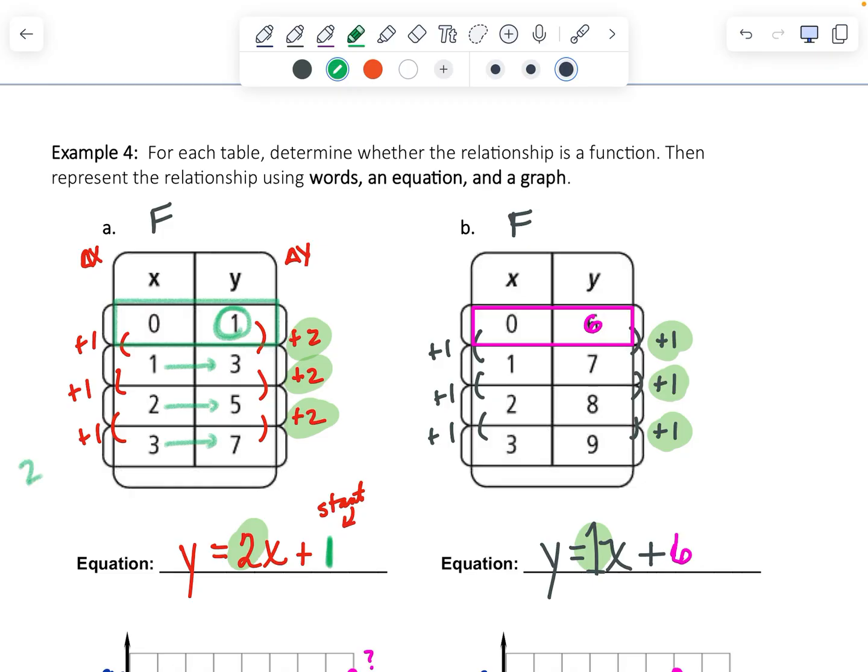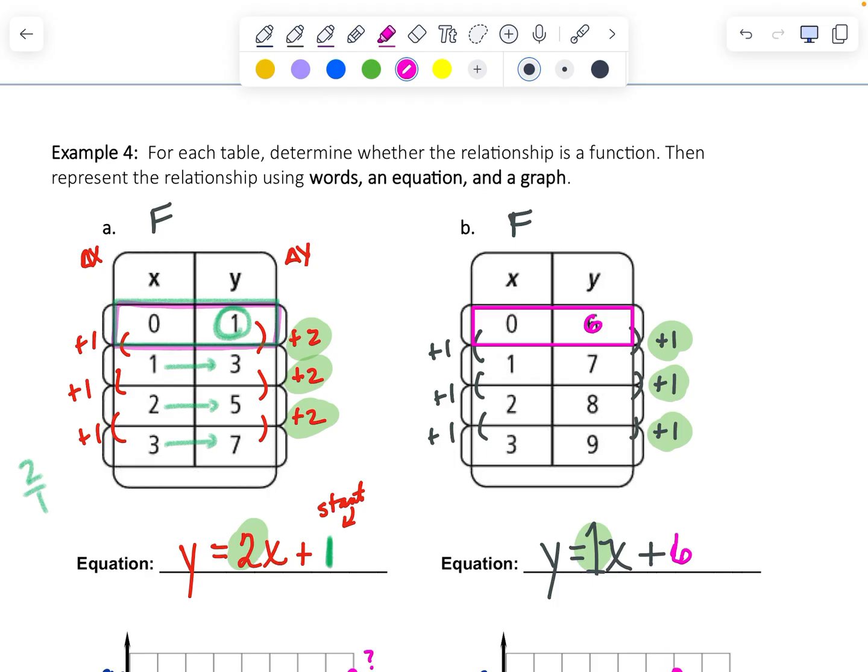So that change in y that you're seeing there is going to be part of a multiplying factor. And that's going to be 2 over 1. But you can use that to say, wait a second, I'm just going to double my input here. And then how much do I have to add? So here's your starting value: I'm starting at 0. So if I put 0 in, I have to be left with 1. And if I start at 1, that's going to be the plus 1 that you put on your equation.